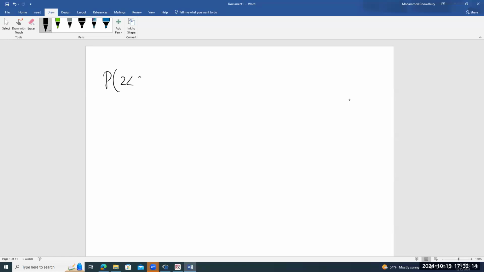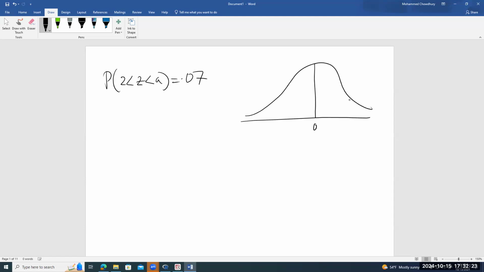Probability of 2 less than Z less than A equal to 0.07, right? You have to find what A is. How can you find the value of A? Did you get it?